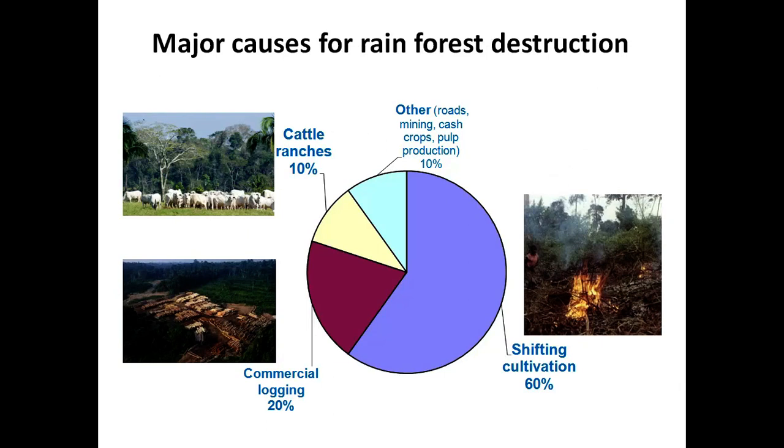So, major threats for rainforest destruction. Typically people think that logging is the major threat, but it's not the main one. It's shifting cultivation. 60% of rainforest is destroyed mainly because of shifting cultivation. Shifting cultivation is a traditional way of agriculture in many developing countries.